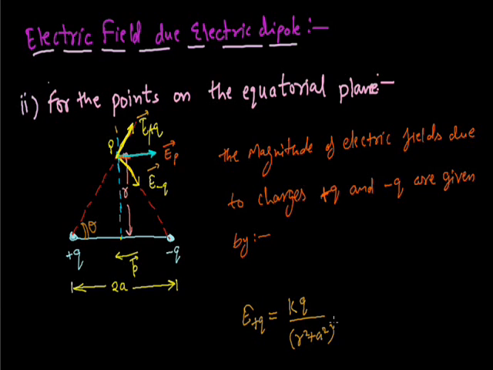Now the point is, the magnitude and direction of the dipole field depend not only on the distance r but also on the angle between the position vector r and the dipole moment.